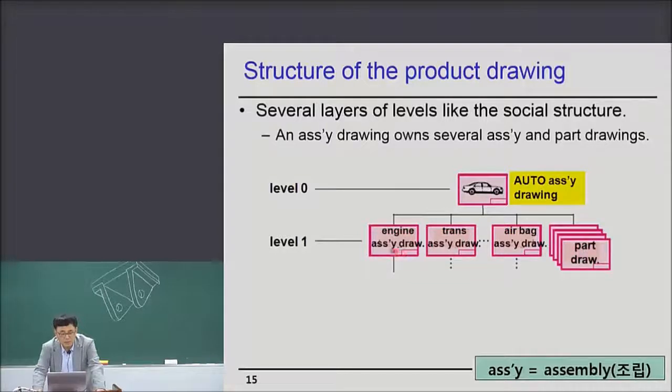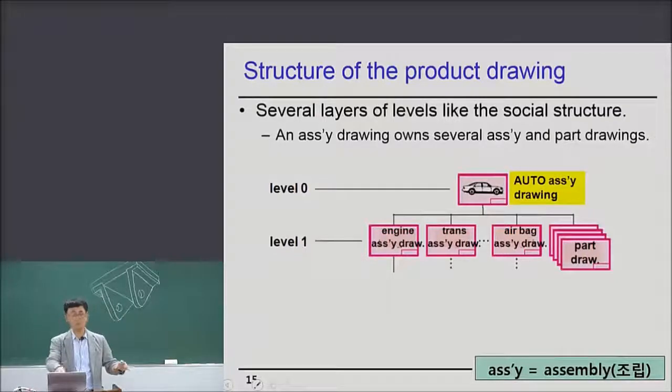It means that according to the engine ASI drawing, the assembly drawing, you may bring the engine unit, right? And for the transmission ASI drawing, you have the transmission unit. And in such a way, for the airbag ASI drawing, your airbag is here. So there are many units.